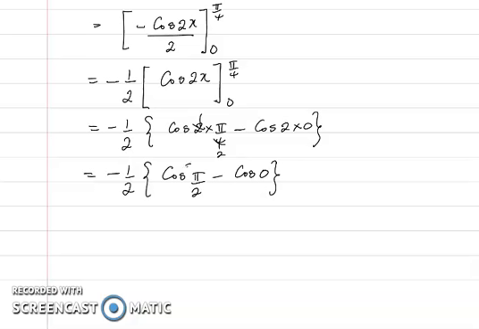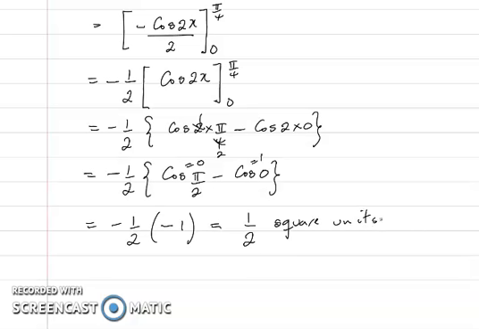The cosine of pi by 2 is 0. The cosine of 0 is 1. So what we have is minus a half multiplied by minus 1. And negative times a negative is a positive, a half. So the answer is a positive a half square units.